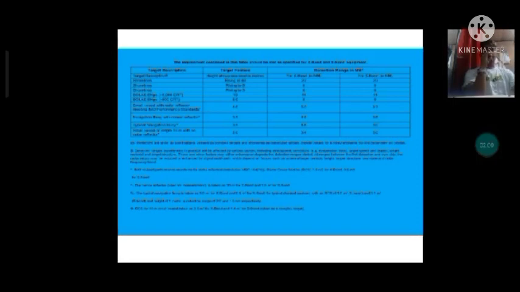Next, the requirements contained in the table should be met as specified for X band and S band equipment. As you can see, there is the target description, target feature, and detection range in NM. Detection range in experience and practice will be affected by various factors including atmospheric condition, evaporation duct, target speed and aspect, target materials and target structure.